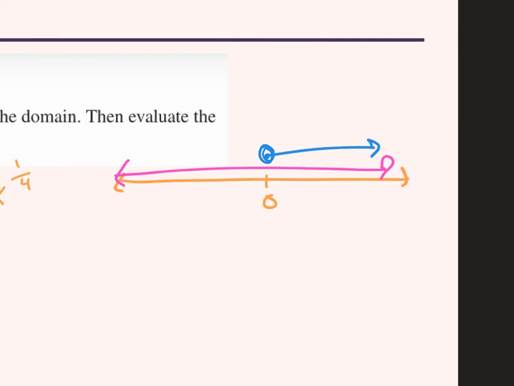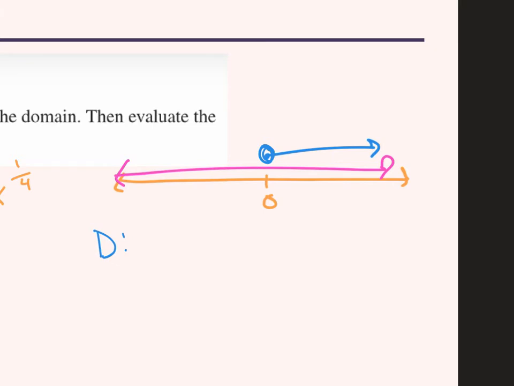So now we need to see what is in common between the pink line and the blue line. In interval notation, how would we write our domain? So like how we were doing before. What's the smallest value we can have? We can have anything greater than 0. So like we could have 0.5 because that's bigger than 0, but it's still smaller than 1.